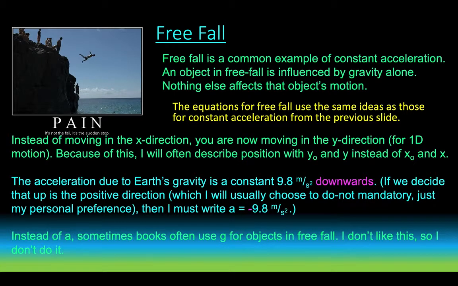Sometimes books will say g equals 9.8 and write negative g for Earth's acceleration. Sometimes books will say g is equal to 9.8, but then choose to have the positive direction pointing downward. There is nothing wrong with this choice, but I just do not like to do it. I would rather say up is always the positive direction, and that's one less thing I need to think about.